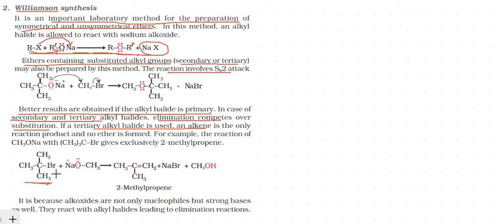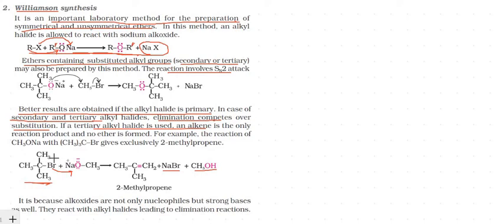Okay, so what happens now? There NaBr is formed. CH3O, rather than joining with this carbon, pulls one of the hydrogens and forms methanol.